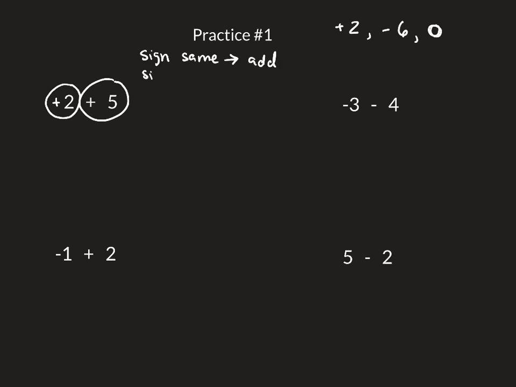Now when the signs are different, you always subtract. Can I get like a Y or a yes? Just put one Y, everybody, if you get that. If you don't, you can put an N, because this is the most important thing for this.